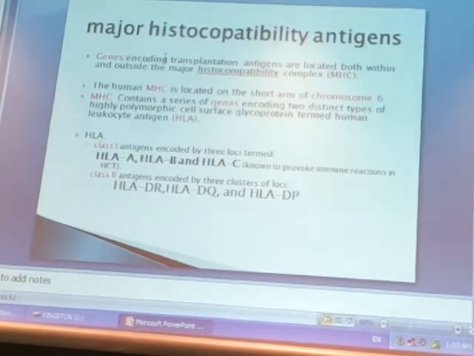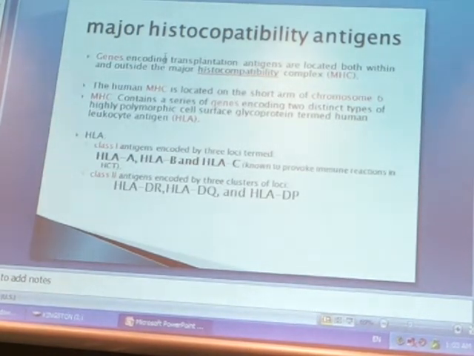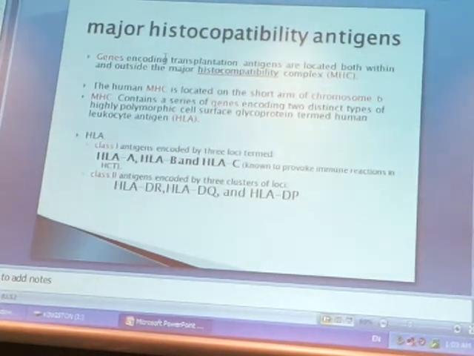Despite saying this is a fully matched donor, there are still minor incompatibilities that might cause rejection of the graft, or might cause severe graft versus host disease, not like in siblings who are 6 out of 6 HLA matched.